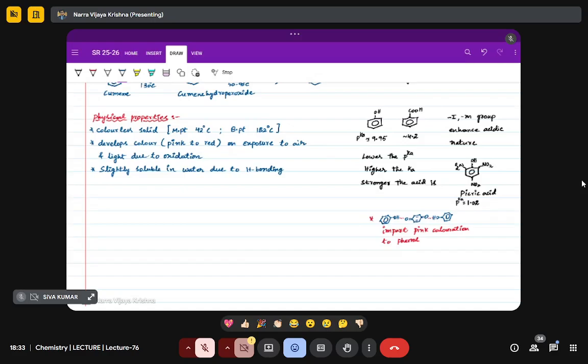But readily soluble in organic solvents like diethyl ether or benzene or carbon tetrachloride, etc.